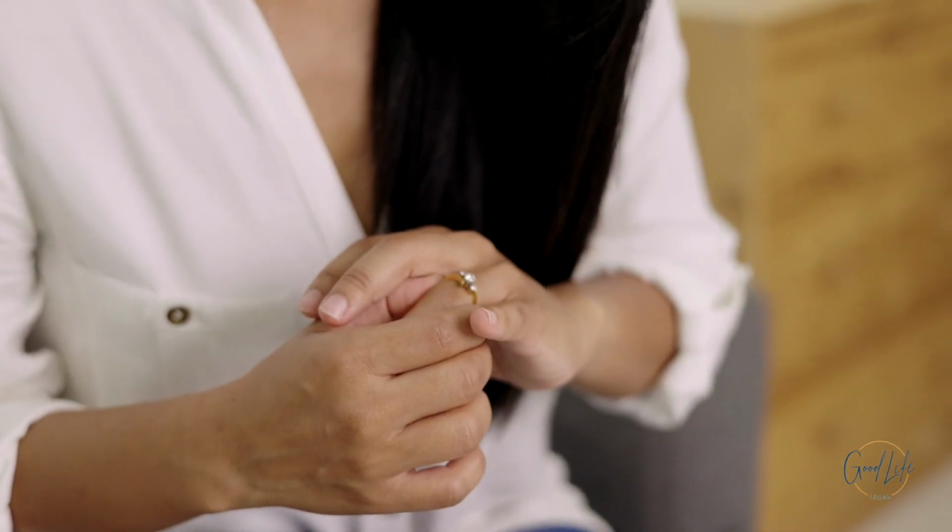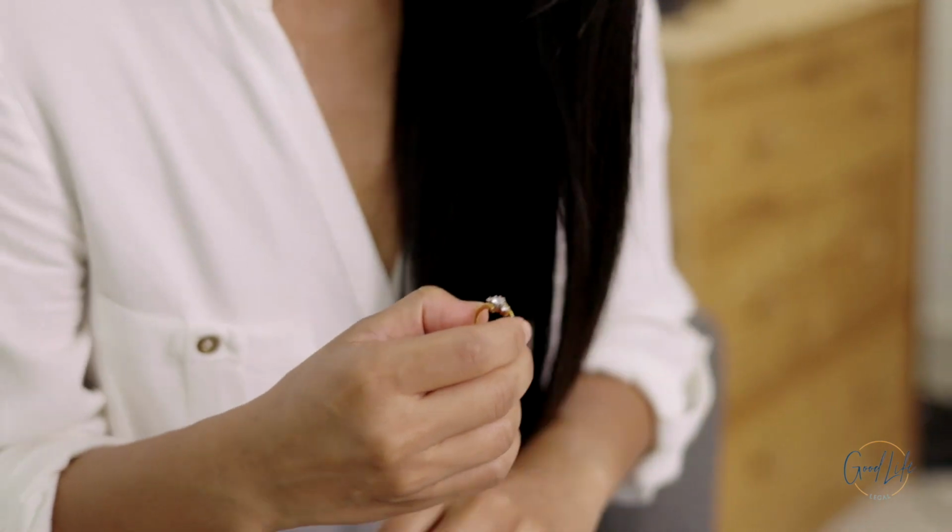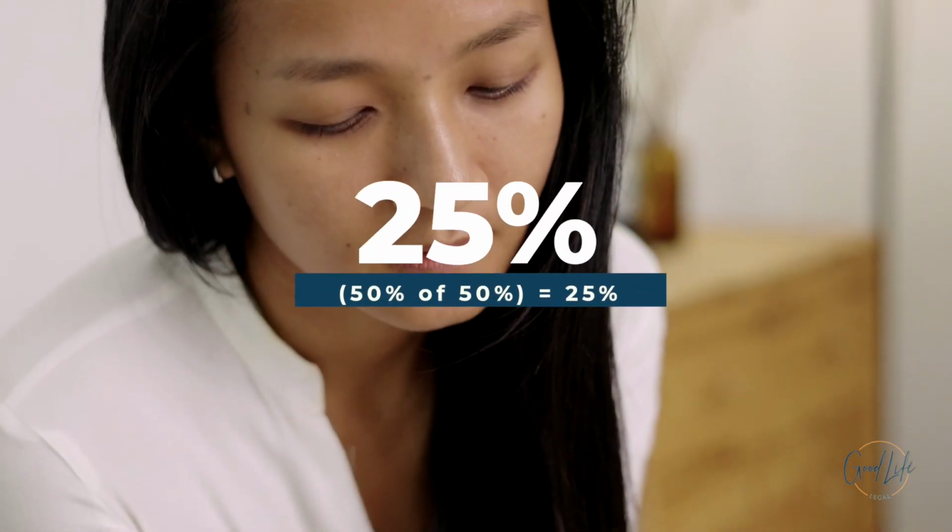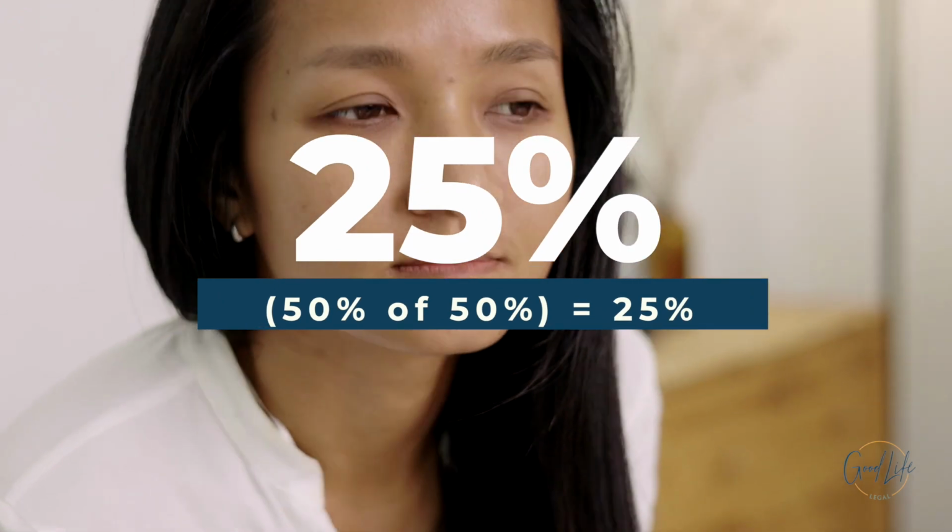And so the non-service member is going to be entitled to half of what was earned while the parties were married and while the service member was in service. So we've already figured out that 50% of the service was earned while the parties were married, and so then the spouse of the service member is going to get 50% of that number, which is going to be 25% of the total number.